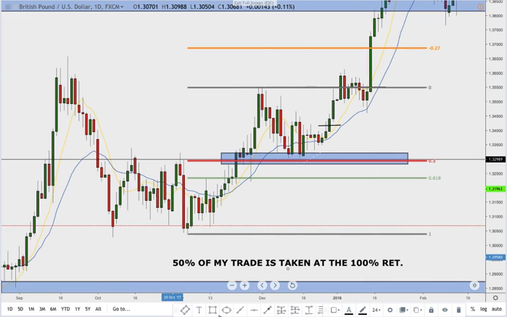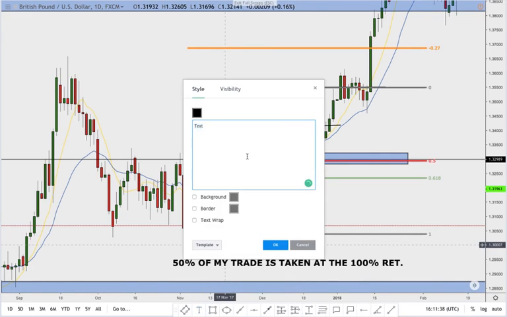So I'm going to write that down for you guys to see. The other 50% is taken out at the minus 0.27 fib extension.